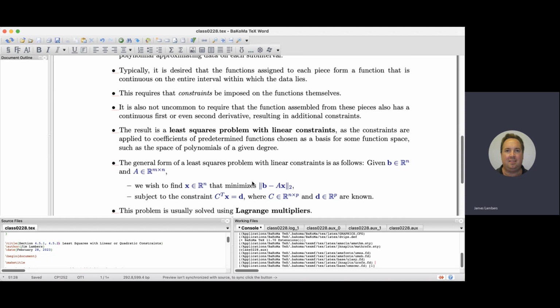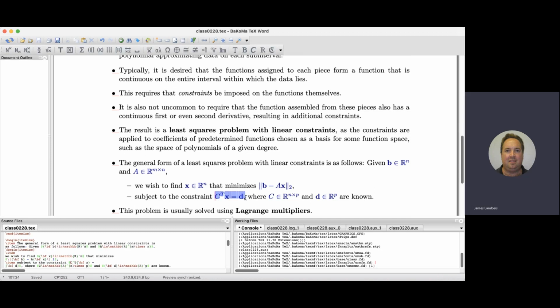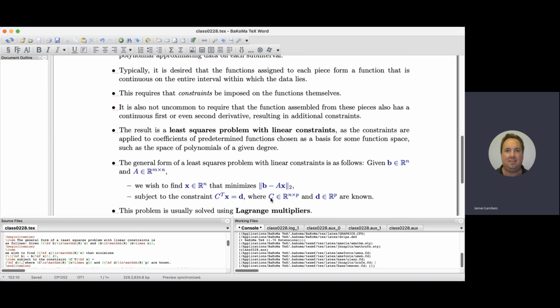So as before, we want to find x that minimizes the two-norm of b minus Ax for some given A and b. And here's our constraint. We require that the solution x satisfy this equation exactly. So we have some given matrix C and some given vector d that prescribe linear constraints.